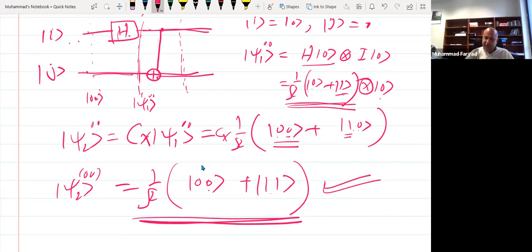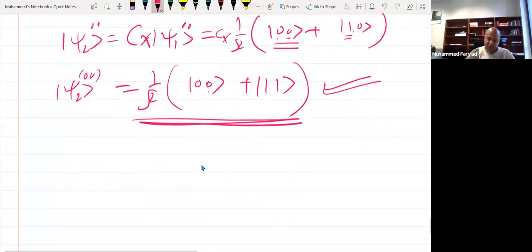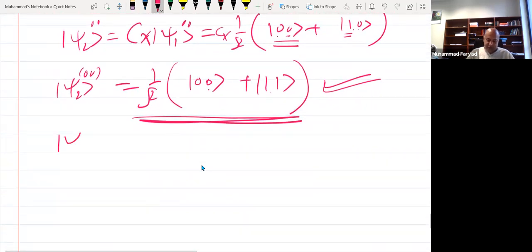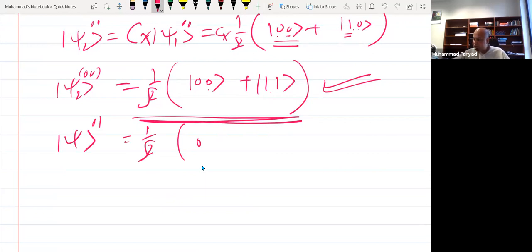And I leave it to you to check that. Similarly, if our input is 0 1, we will arrive at the state 0 1 plus 1 0.